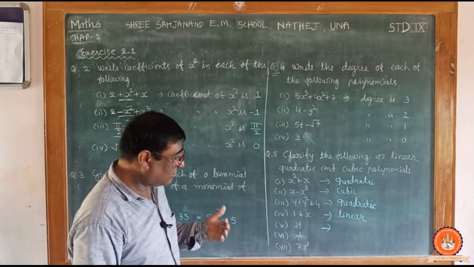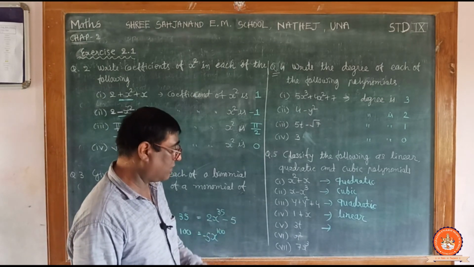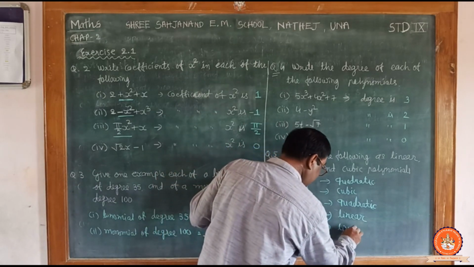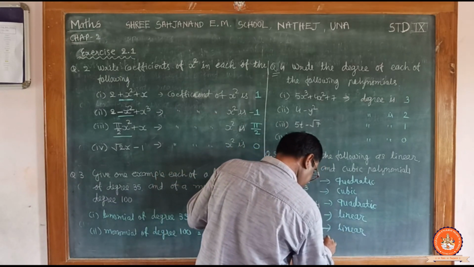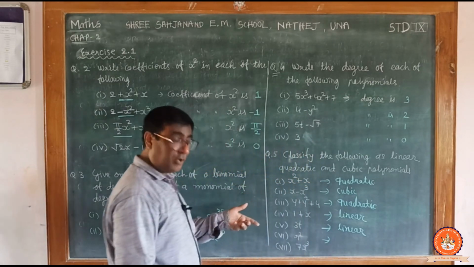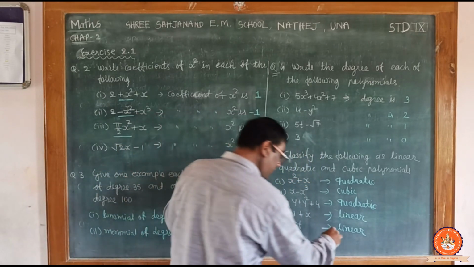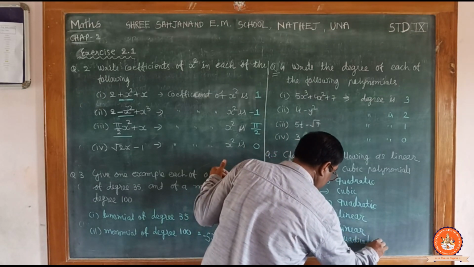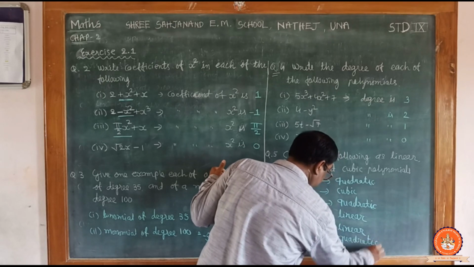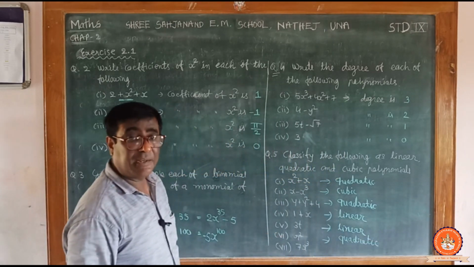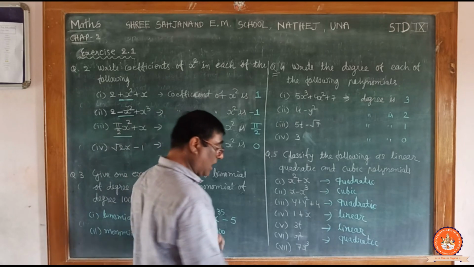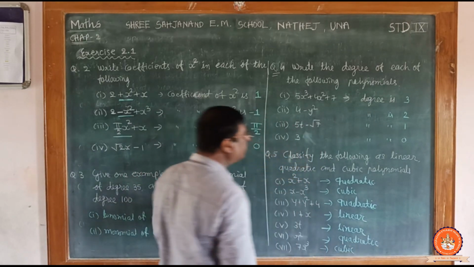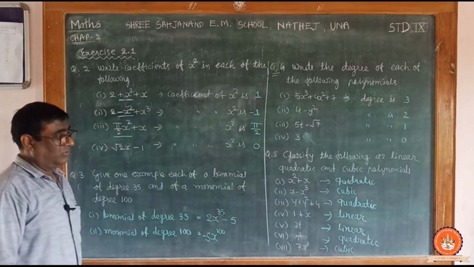So the highest exponent of the variable is 1. So once again this one is linear. Okay. Then this is a degree 2 polynomial, and a degree 2 polynomial is a quadratic one. Okay. And this one is a degree 3 polynomial, and a degree 3 polynomial is a cubic polynomial. Okay. Very good.